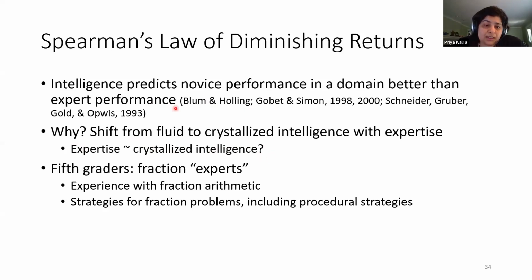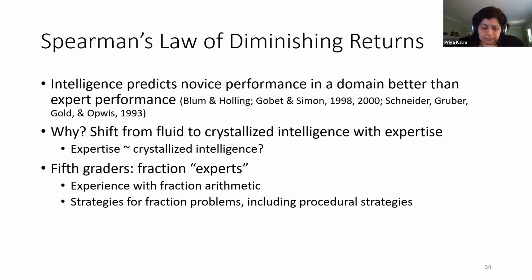So you're not depending as much on your fluid intelligence to solve problems in the domain. In a sense, the fifth graders could be, compared to second graders, at least fraction experts. They have experience, they have crystallized knowledge about fraction arithmetic, which could include procedural strategies, like, okay, maybe I need to make a common denominator.